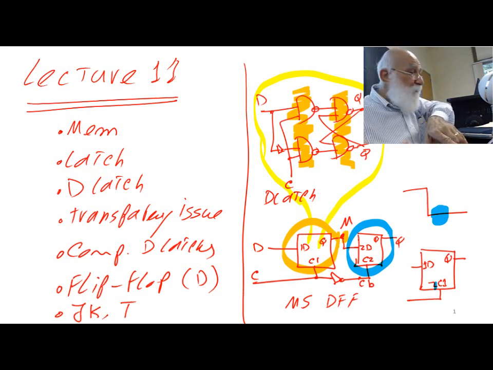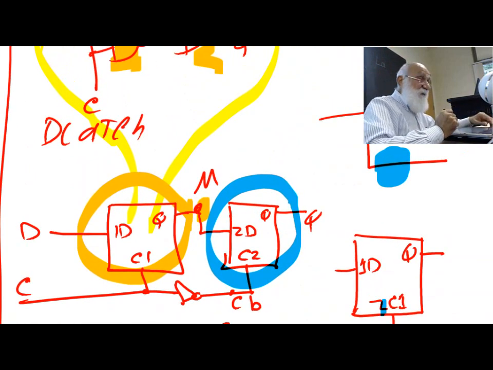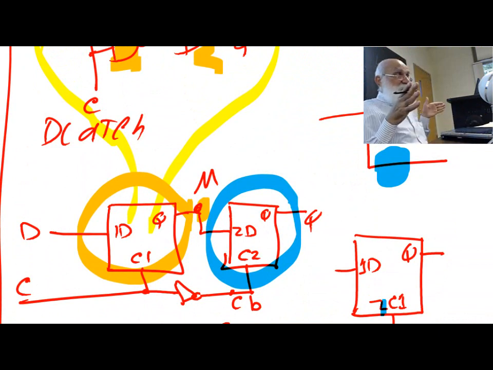Let's look at this here. Okay, see here, look at the left gate. When C is 1, the left gate is transparent, and therefore the changes on D propagate to M.